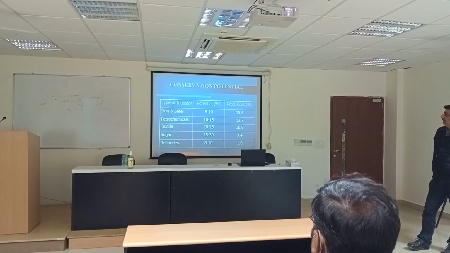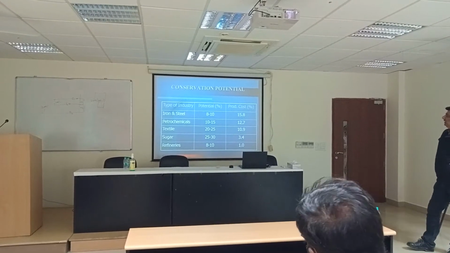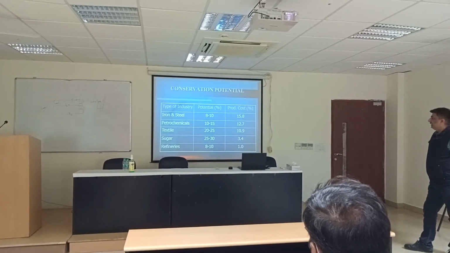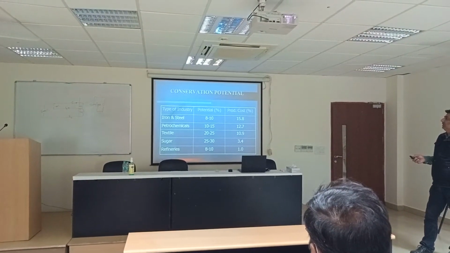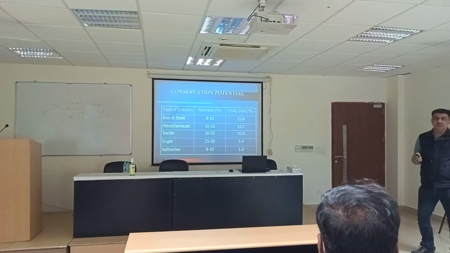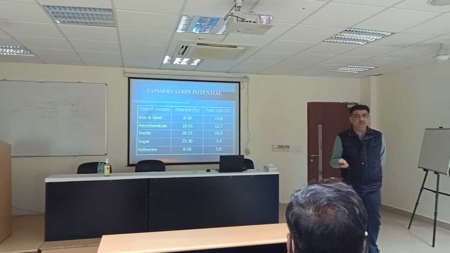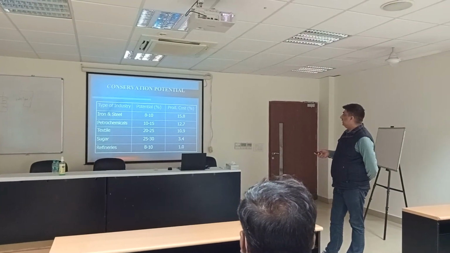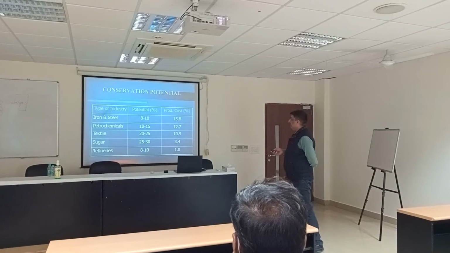Textile 20 to 25 and 10.9%. Sugar 25 to 30%, and 3.4%. Refineries 8 to 10% and 1% of the total production cost. These are all the designated consumers as per the Energy Conservation Act 2001, which are notified by the Bureau of Energy Efficiency. This is the conservation potential available for conserving the energy.